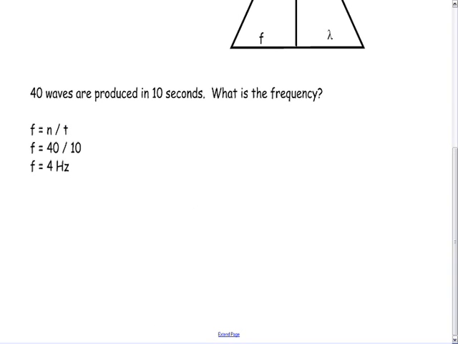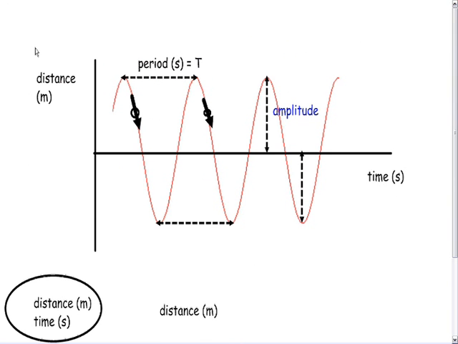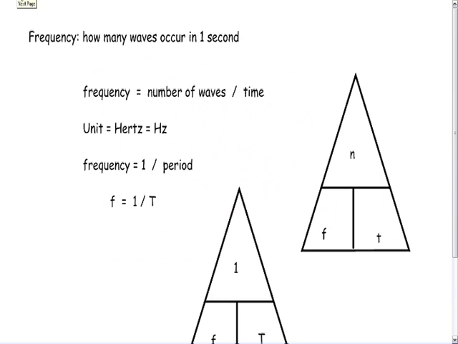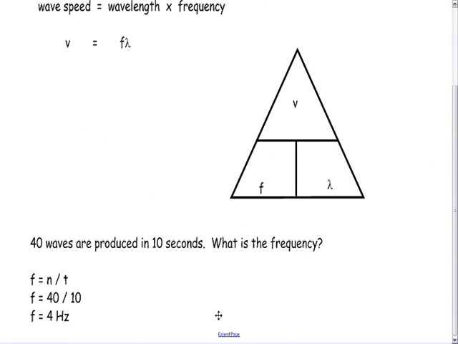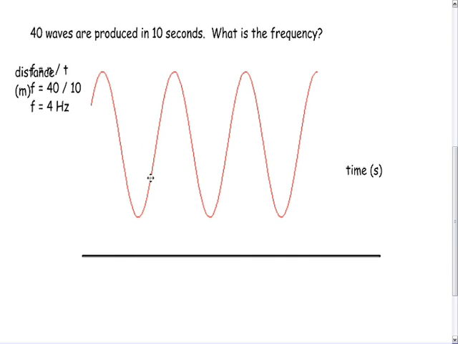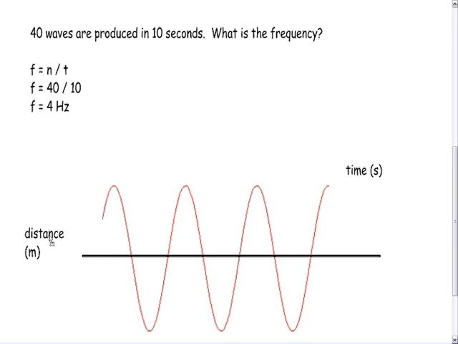Alright, good stuff. Now let's see if we can get a distance graph in here. Let's assume the question says you've got 4 hertz and here's your distance graph, with distance on the x-axis.